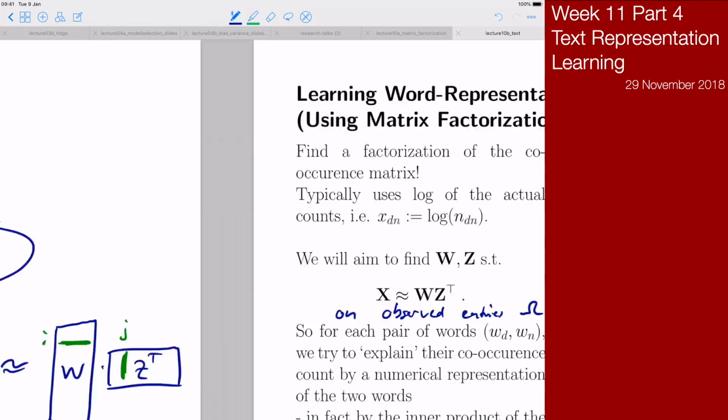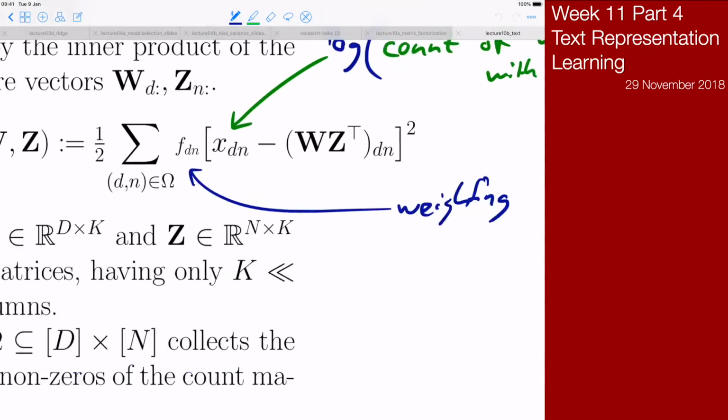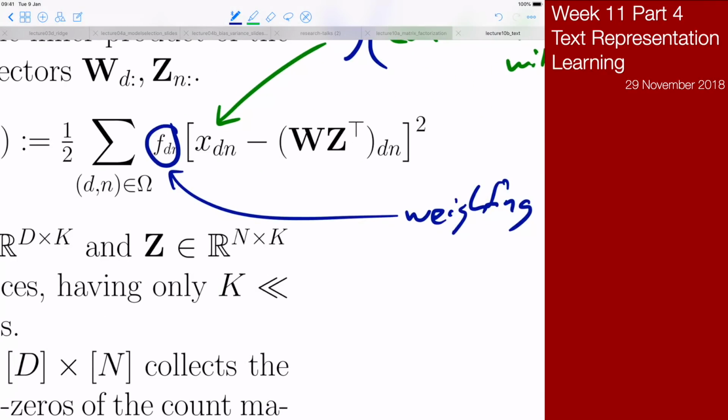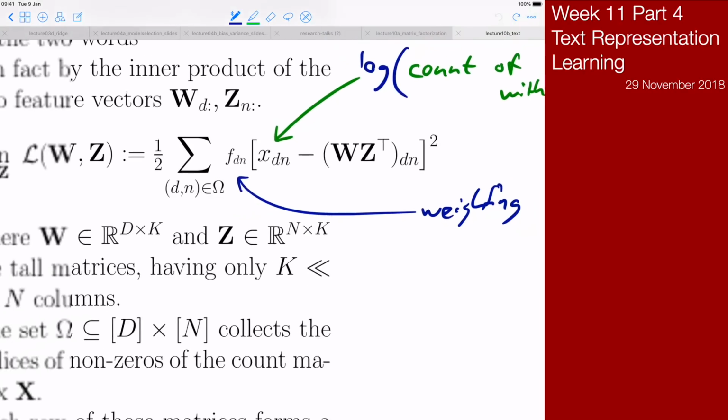Where is the loss function? It's here. See, if this would be 0, that pair of words does not contribute. We don't count it. So that's a bit the same thing as what actually is omega, right? It's everybody that counts, those entries that have appeared together. And then here we just have the same thing as omega, but it's a weighting of it.